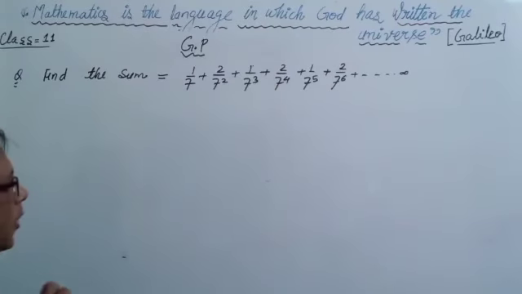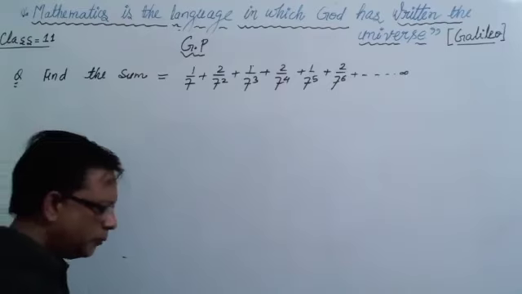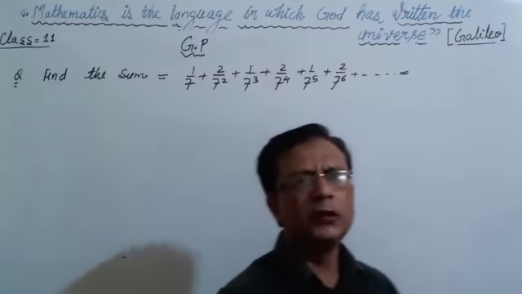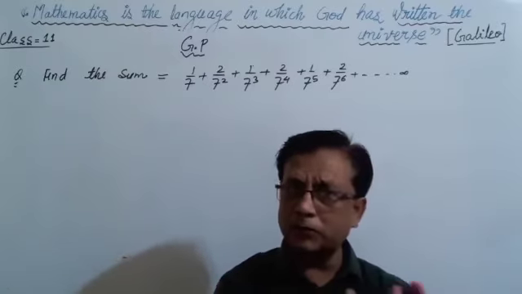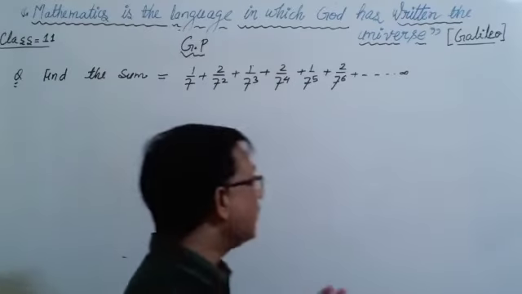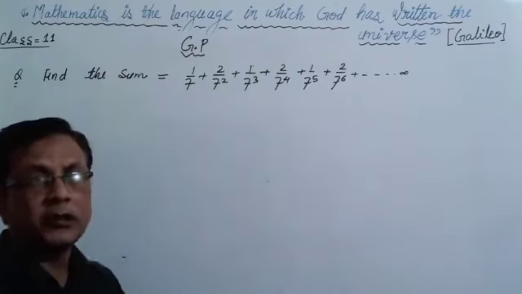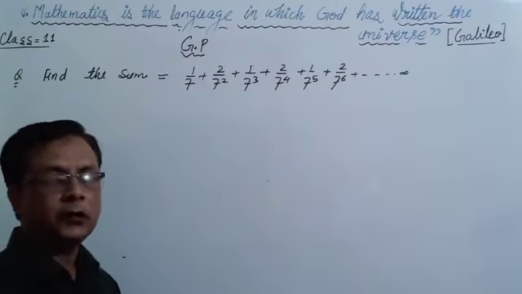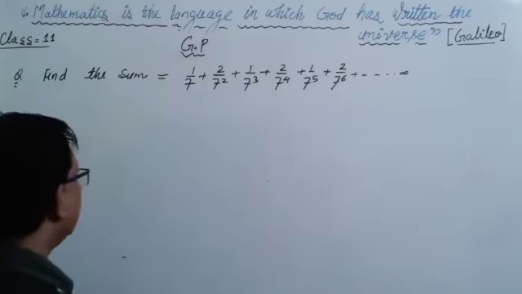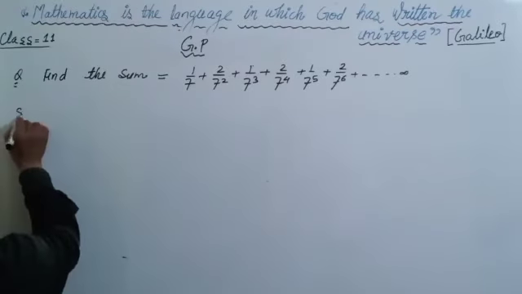So the important part of the question is that we club the same terms. First we club the same terms, then we make the series, then we apply the formula and then we do the calculation. So let us start the problem.